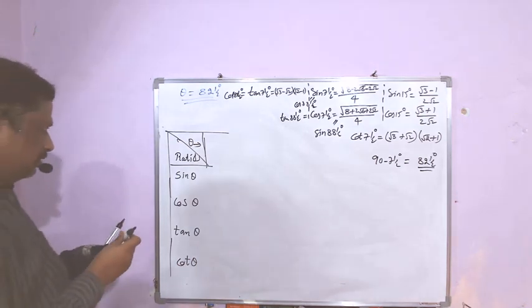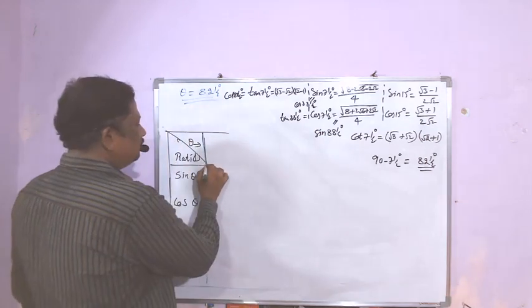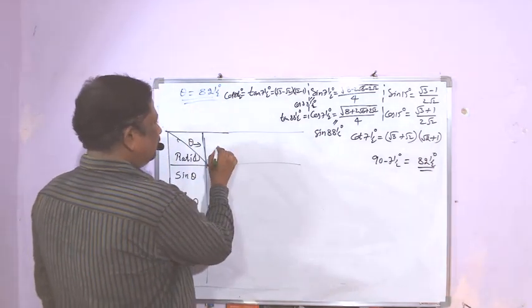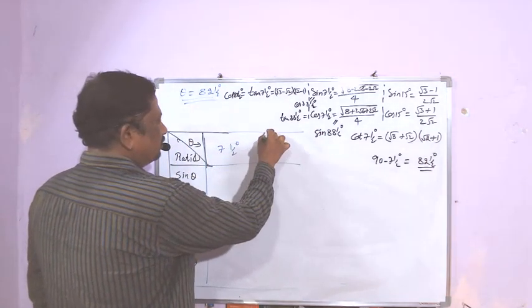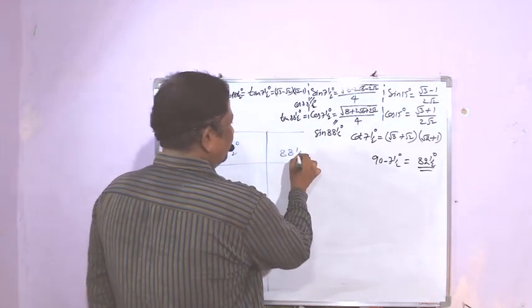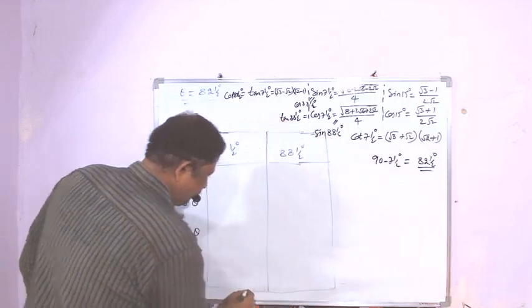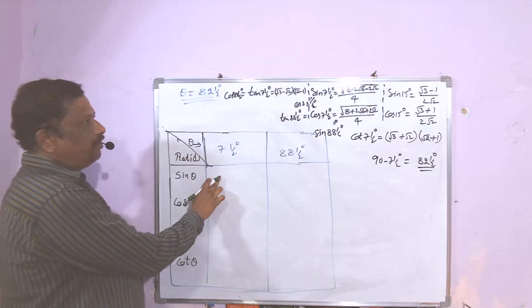So, carefully observe. Here we take 7.5 degrees. Here 82.5 degrees, the theta values. Now first, sin 7.5 degrees.